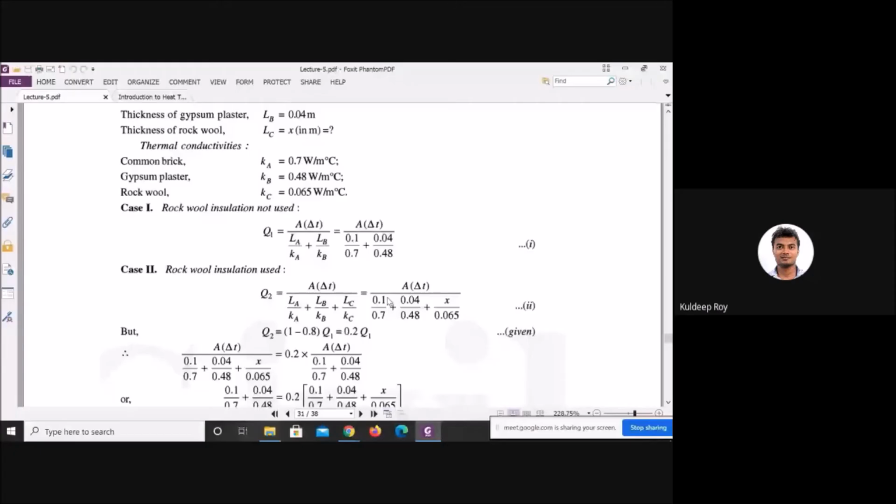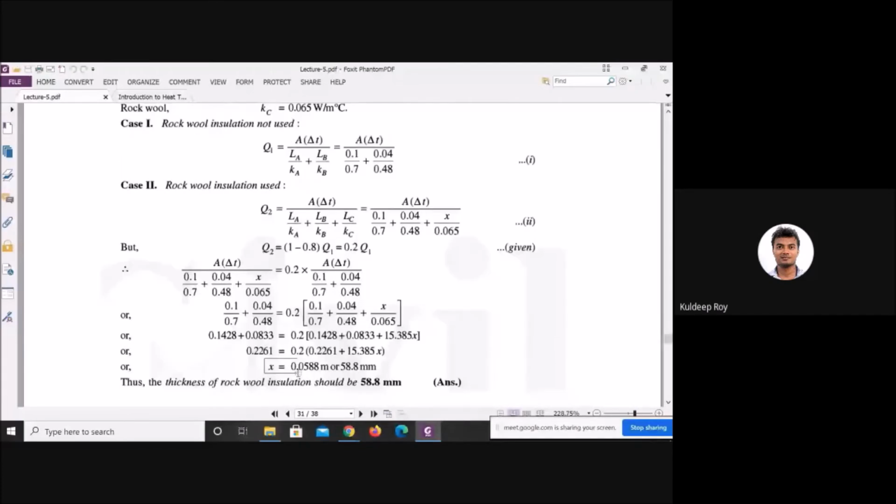Q1 will be KA delta T. You have added the two walls, A and B, one is gypsum and another is the common brick. You will get some value from here, and you will get some value from here. Then equate these two values. You will get the value in terms of Q1. And after putting all the values, you will get the value of X. Have you got my question?